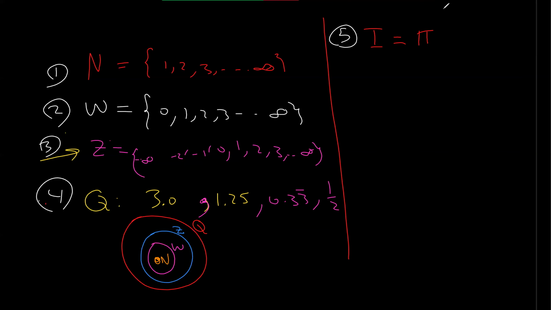What is pi? Pi, as we know, is 3.14, but does it end there, or is it 3.14 and after it more numbers? Yes, more numbers, and it is neither terminating nor repeating, right? So in this case, we call it irrational.